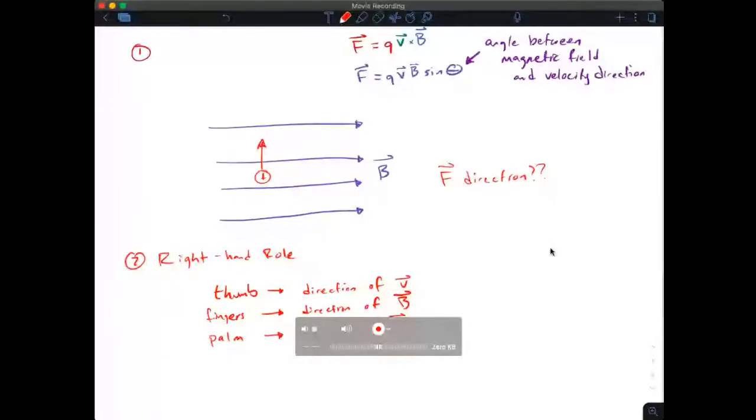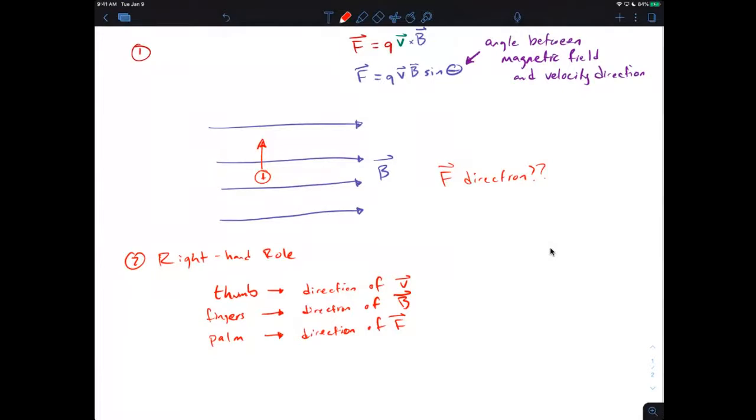So in the case we've just drawn, right? What is the direction of this force? Actually, I want this to be green. Okay. What is the direction of this force? Here, my magnetic field to the right, my positive charge moving upwards.